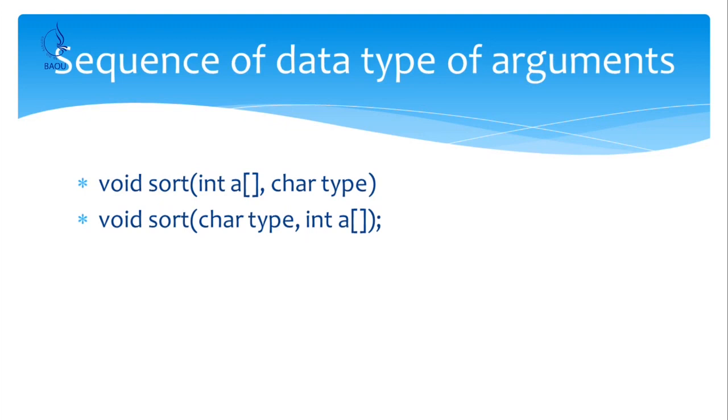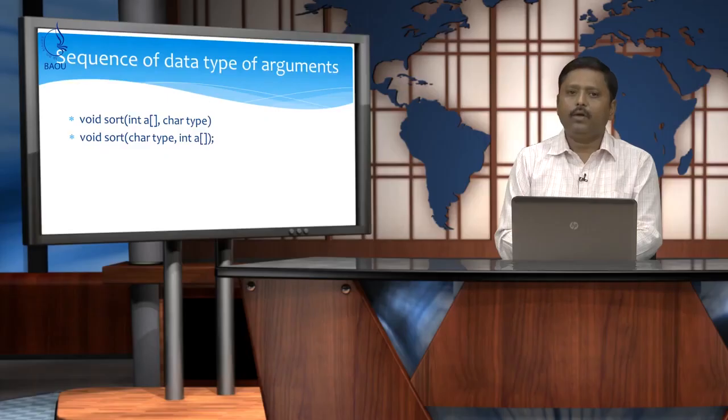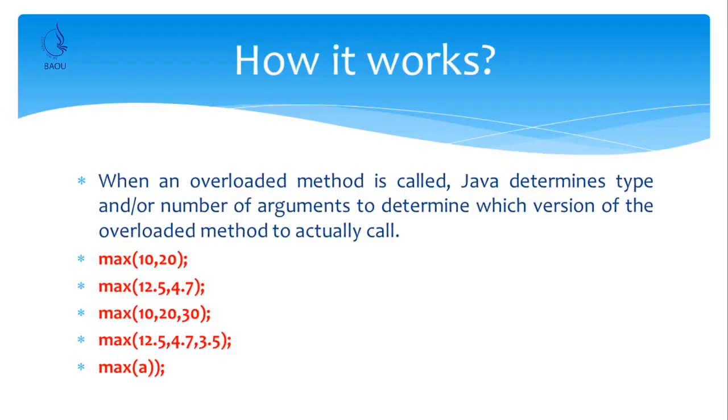So, we can define two sort methods. The first method has an integer array as the first argument and the type as the second argument, and in the second case we have the type as the first argument and the array as the second argument. So, this is also an example of method overloading. Now, how does it work?